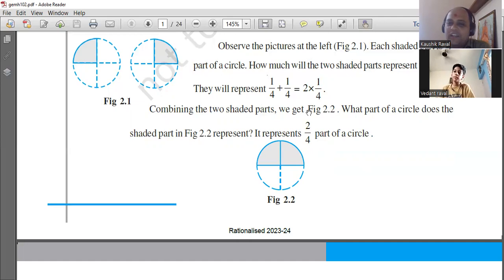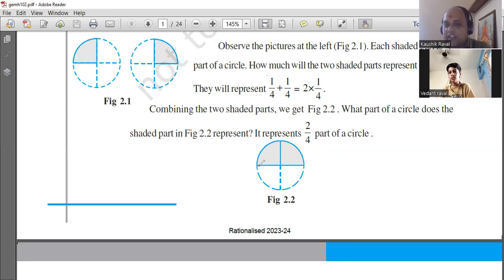Now, look at this circle here. It is one complete circle, and how much part is shaded? 2 quarters, right? If you forget this vertical line, then what is the part shaded? 1 upon 2.